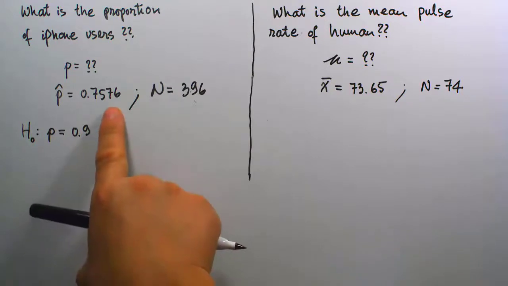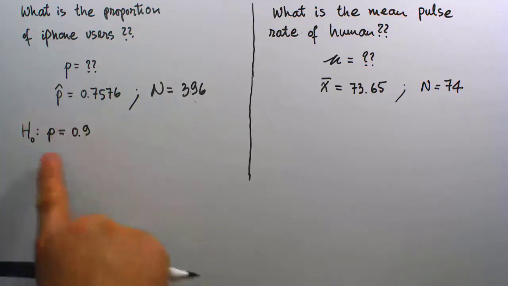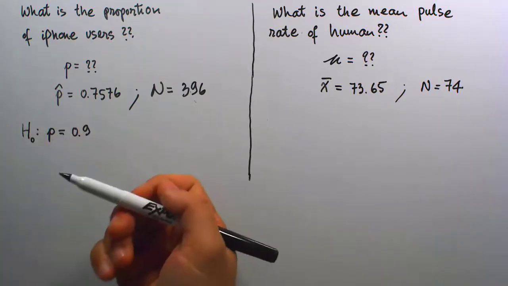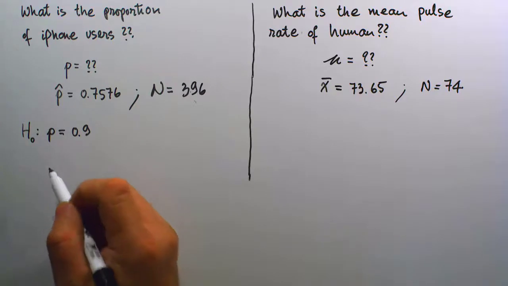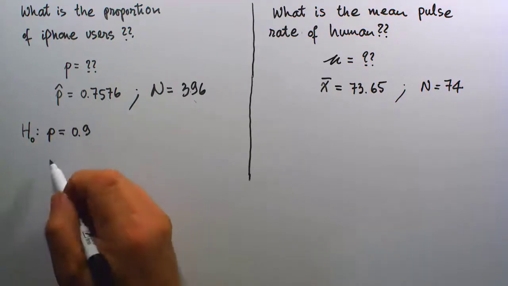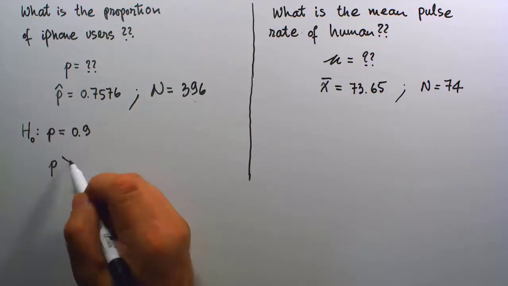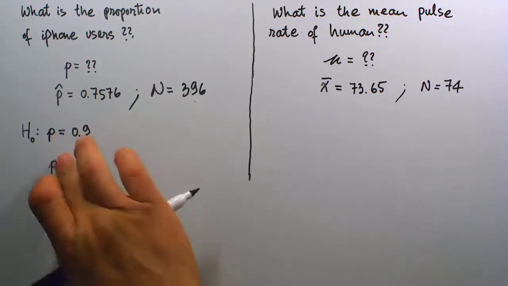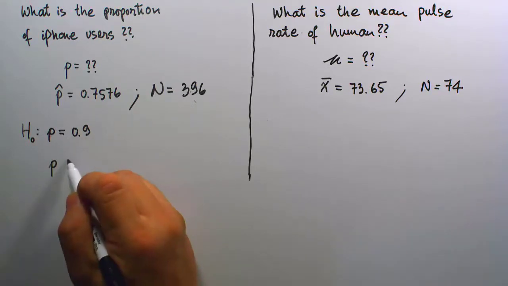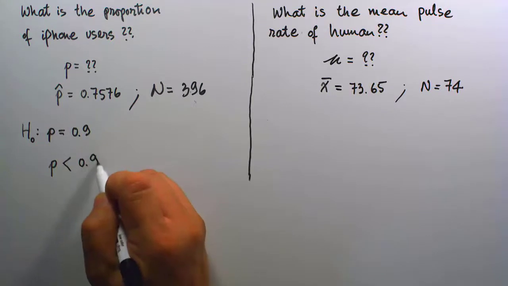Then we use our sample as evidence to compare with this null hypothesis, and we come up with a counter argument: looking at our sample and comparing with your claim, I suggest that the proportion of iPhone users should be generally lower than 0.9.